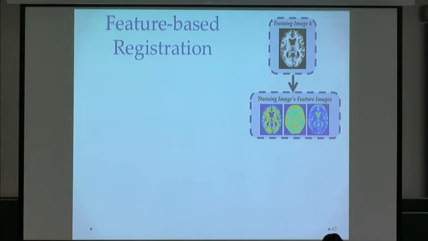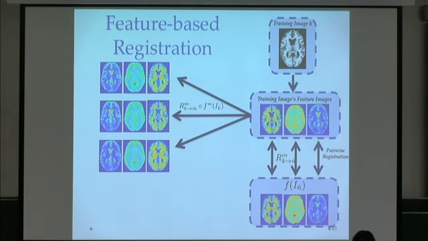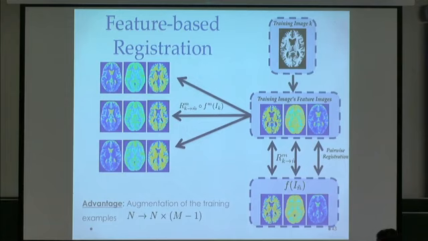So we extract the image features and we do a pairwise registration for the entire training set based on three features: the probability of being part of the gray matter, white matter, and CSF, and we get different registration parameters. So in fact, we can use this in order to augment our data. Rather than having n training examples, we might have n multiplied by n minus 1 training examples, which is really significant.